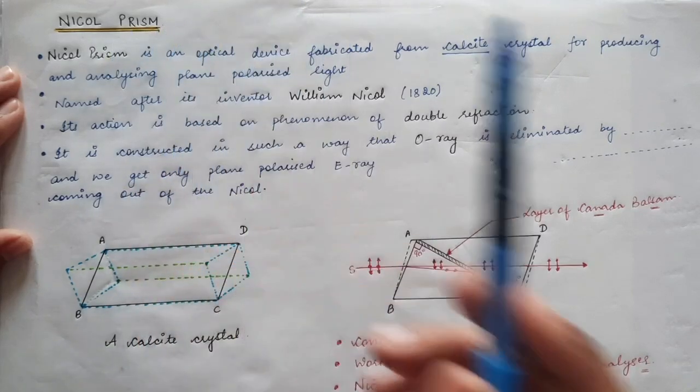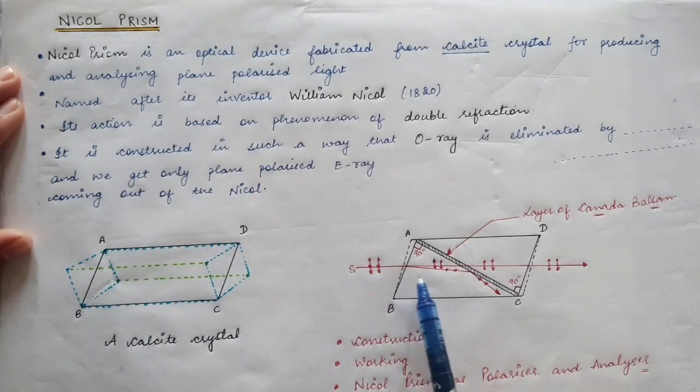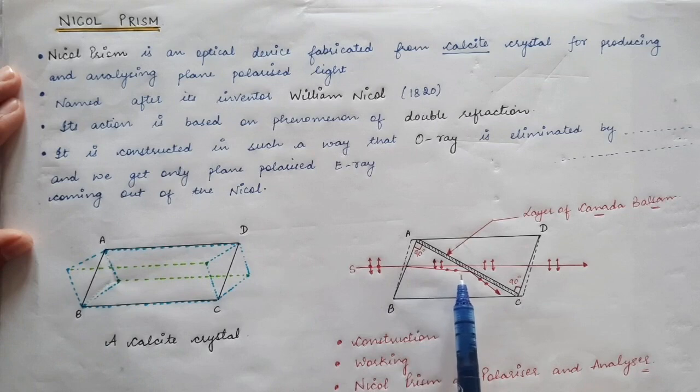As we have said, when an unpolarized light falls on the calcite crystal, it will get split into two rays. One will have its vibrations in the plane of the principal section and another one will have its vibrations perpendicular to the principal section of the crystal.